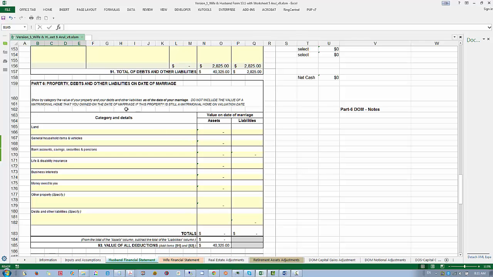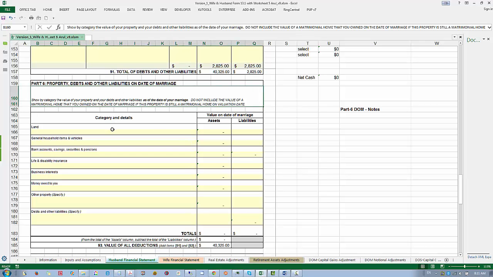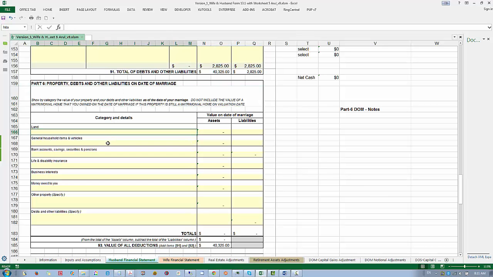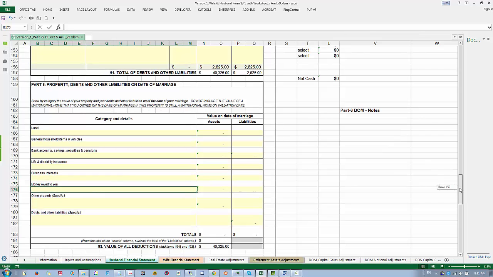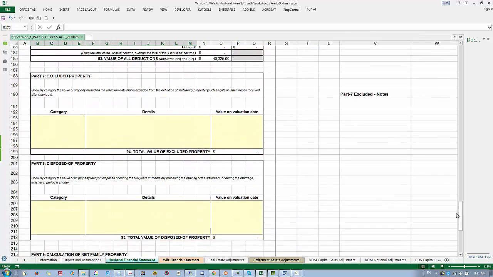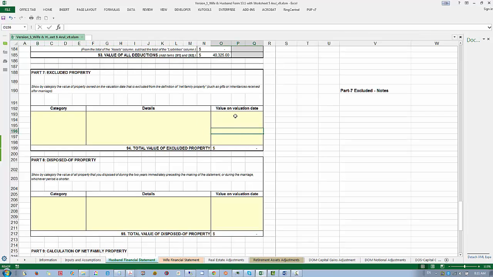And here is what we call the date of marriage piece, where we document assets that were brought into the family on the date of marriage. And here is where we document the excluded. So if there's, for instance, the RESP, it would go here.